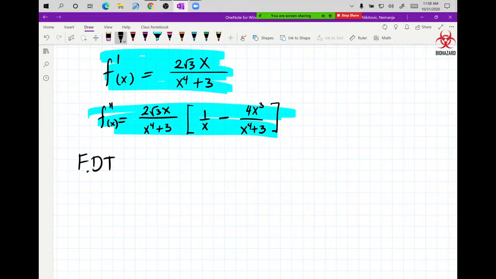First derivative test. Take 2 root 3x over x to the 4 plus 3 equal to 0 for our critical points. That gives me 2 root 3x equals 0, from where x equals 0. So x equals 0 is something, I don't know what.